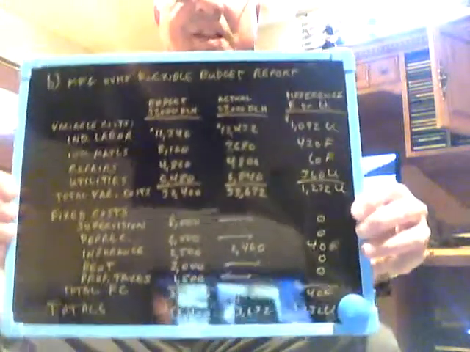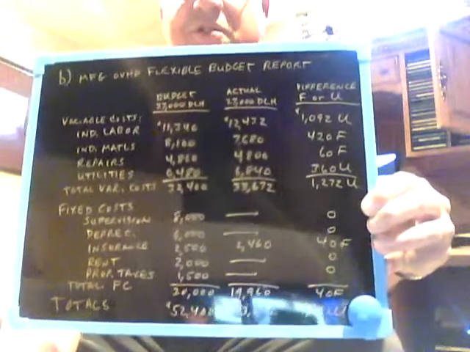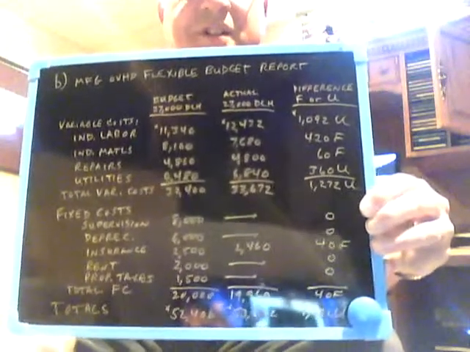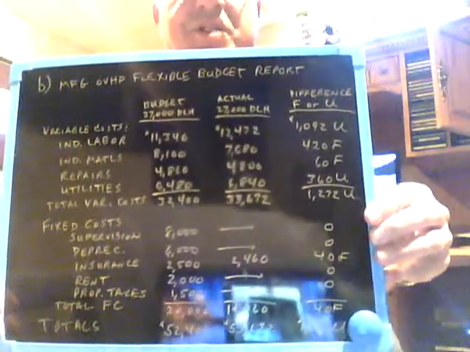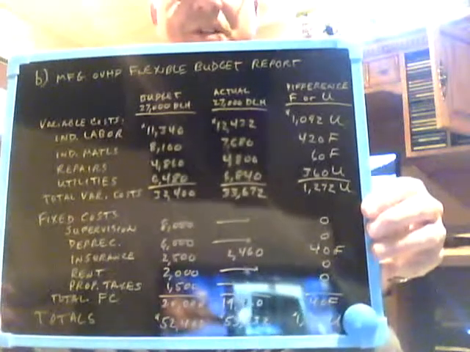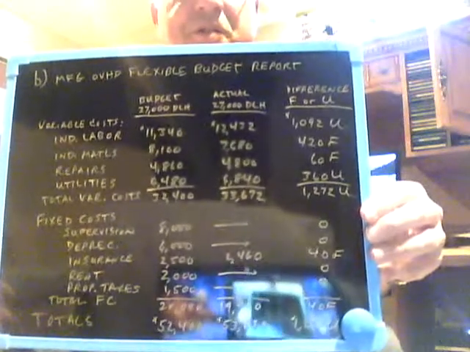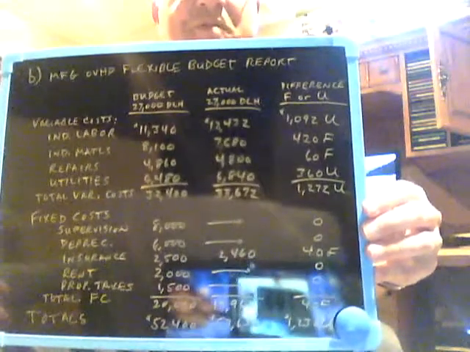Now, when you look at the budget at 27,000 direct labor hours, and that's what we're going to do because we are told that they actually expended 27,000 direct labor hours for the month.